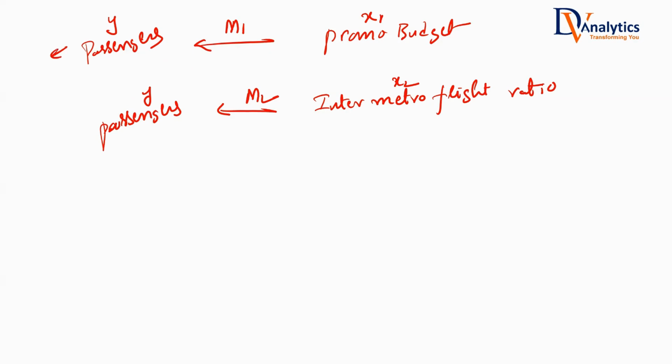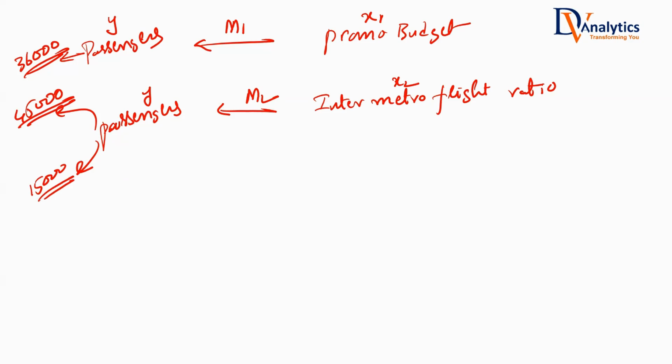Now, M1 model predicted that next week the passengers will be 36,000. If M2 model also predicts that 36,000 will be the passengers, there is no problem. But what if M2 predicts 45,000 passengers are expected? What if M2 predicts that, no, 15,000 passengers are expected?